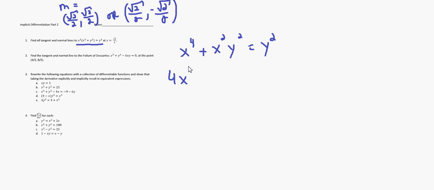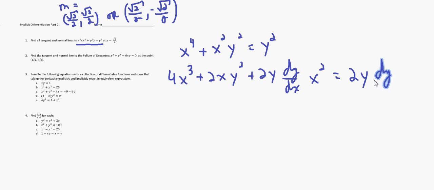So this is 4x cubed plus, product rule, 2xy squared plus 2y dy/dx times x squared, equals 2y dy/dx.